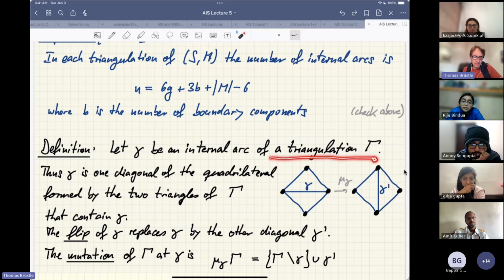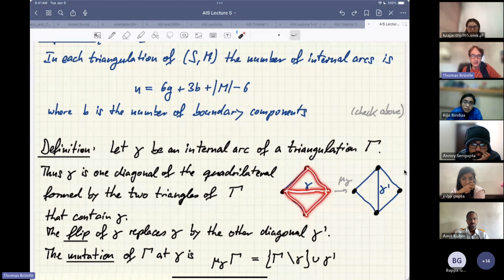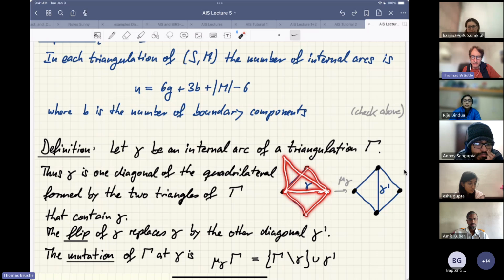And since we have a triangulation, this gamma must be part of two triangles, an edge of two triangles. Because we are in a surface, there cannot be a third triangle sticking out in space or something. There are exactly two triangles neighboring gamma.